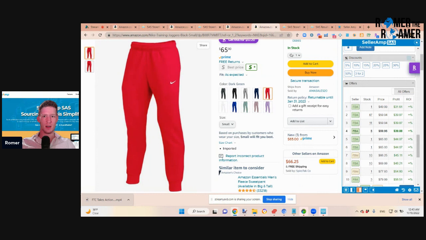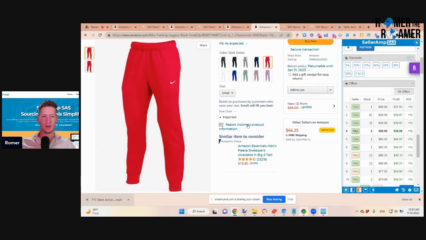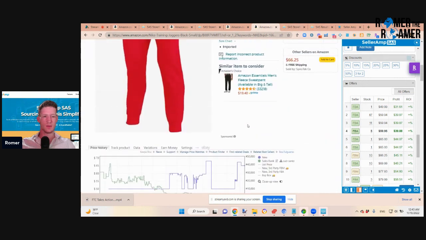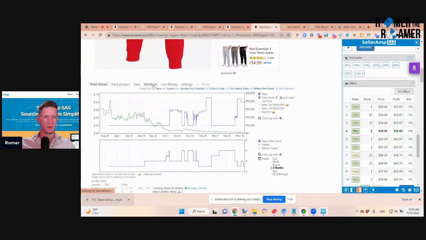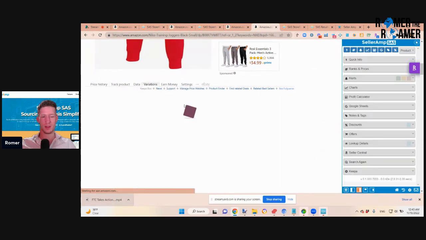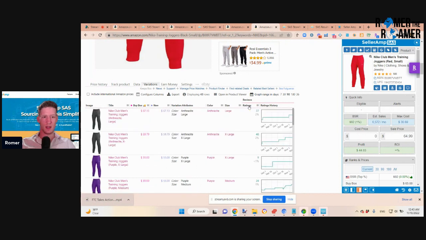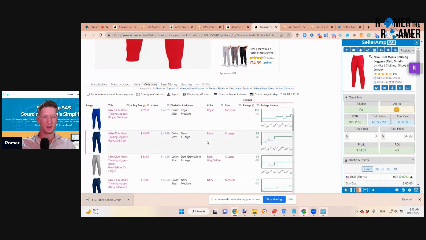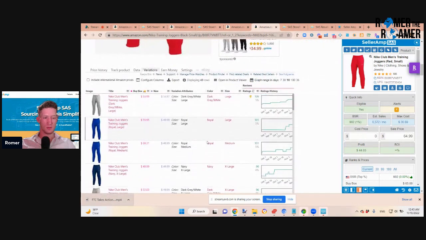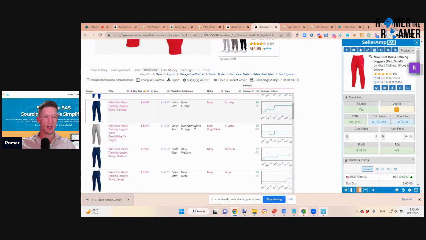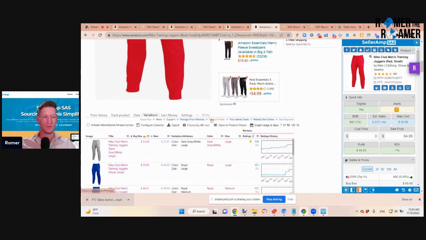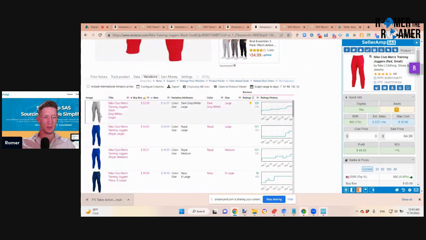Like if you could find that ugly yellow that they're selling, you could click on it. Let's say this red. Let's see if we found this variation for a discounted price. There is opportunity there. Usually they don't sell as fast, but there's still opportunity. But you got to make sure the variation sells. So almost always, as a rule of thumb, black and white are the top selling variations. But in this case, it's gray and blue.